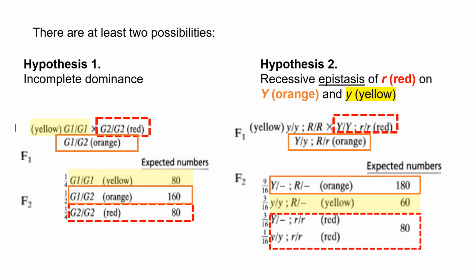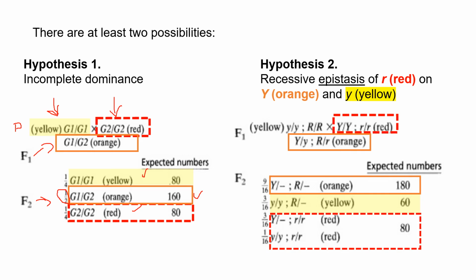Our parentals in all the cases will be the same: yellow, and here red, and in our F1 we get all orange. If this is incomplete dominance, the expected values are half orange, one fourth yellow, and one fourth red. This is the example of incomplete dominance.